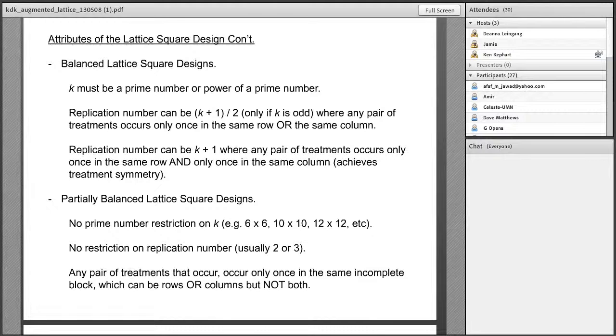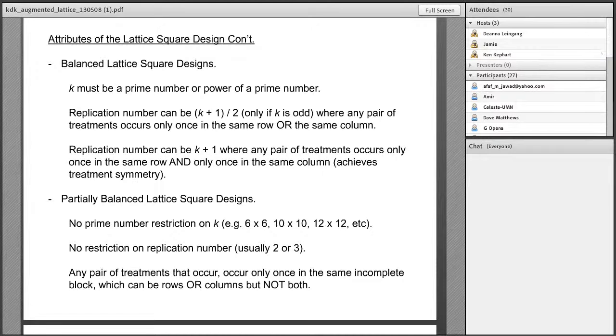Now, I'll be honest, my tongue gets tied sometimes. I have trouble wrapping my head around how this should be said, and I'm trying to paraphrase from the text. But the restriction here is where any pair of treatments, in other words, any pair of cultivars or genotypes, can occur only once in the same row or in the same column.